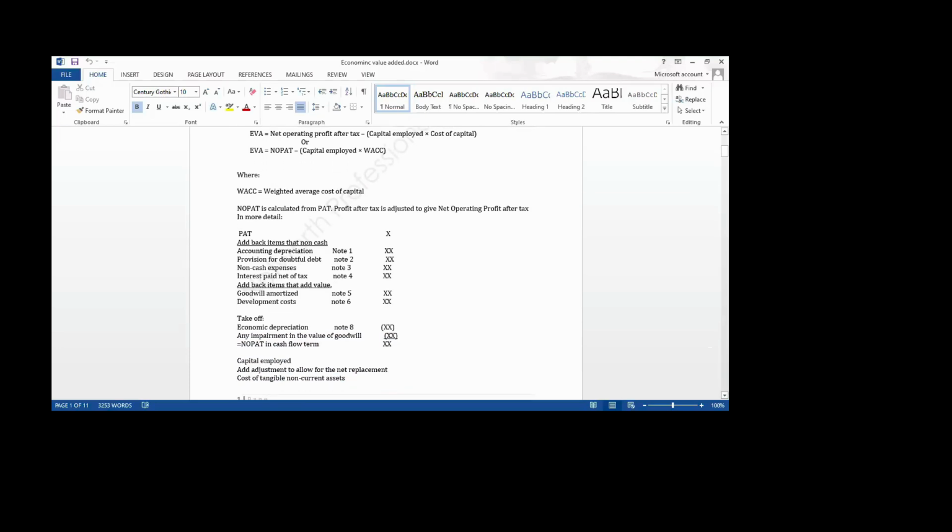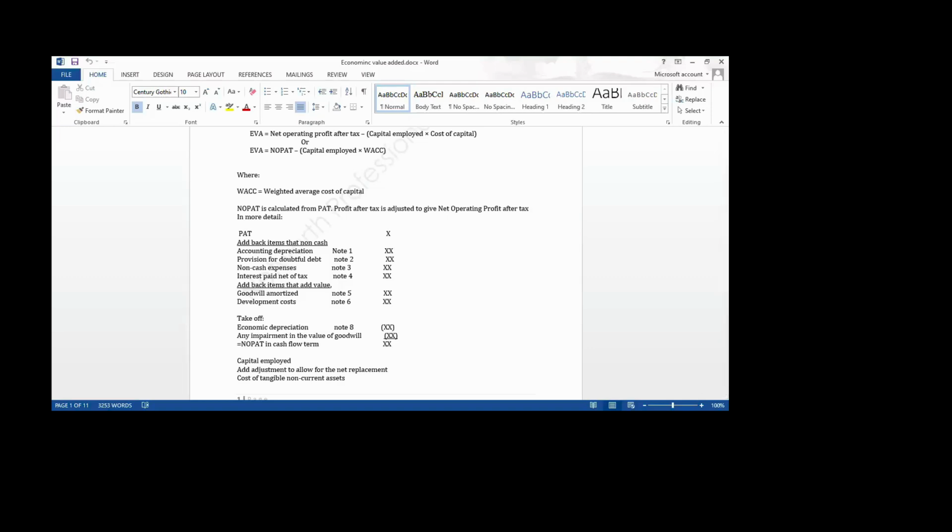Where we can determine economic depreciation, in most cases the examiner will provide this for you. You deduct your economic depreciation. If there's any impairment in the value of goodwill, you also deduct it.